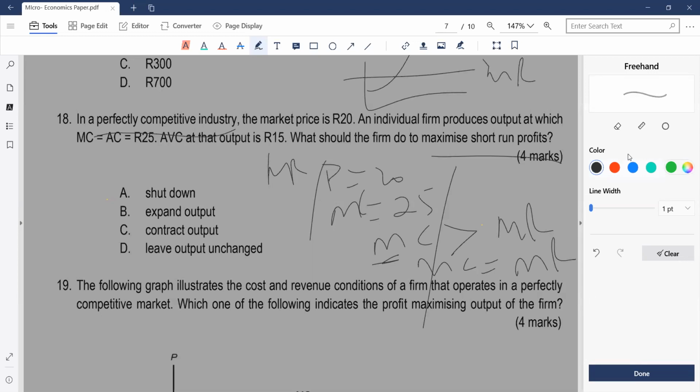If MC is above MR, what do we need to do? We need to decrease our MC. To decrease our MC, which is the curve that goes up, it means to contract our output. We need to reduce our output so that MC is equal to MR, because at this point MC is more than our MR. Our answer for number 18 is C.